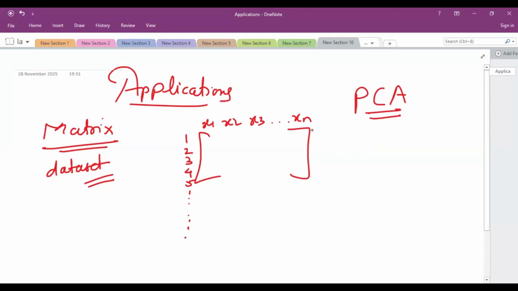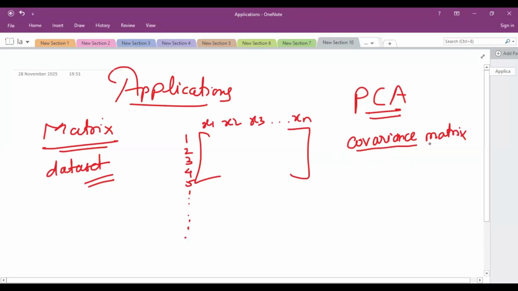For the data that is available, we calculate something called a covariance matrix. So covariance is a measure of variance between two variables.